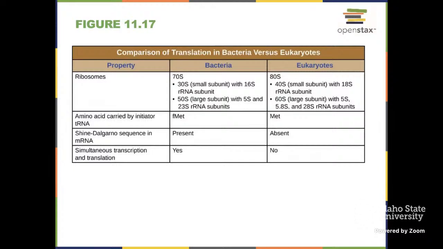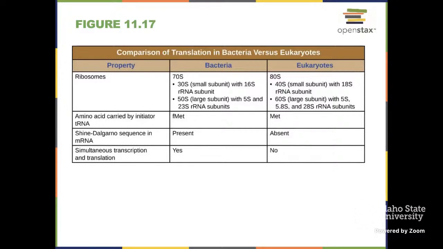So to compare these, the bacteria versus the eukaryotes, ribosomes are the workbenches. They are similar, but there are a few differences size-wise. Bacterial ribosomes are smaller. You can see the two differing subunits. The S stands for Svedberg units, and it has to do with centrifugation.